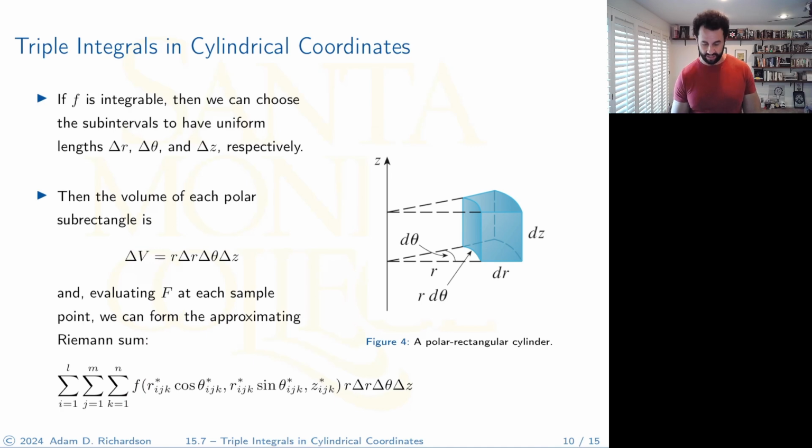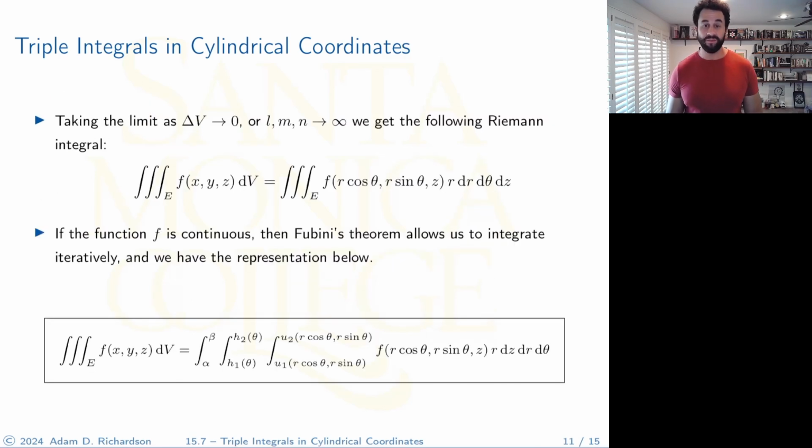So we're evaluating little f at this point, and then multiplying by that volume, r delta theta, delta z. Now take the limit as delta V goes to 0, or equivalently as L, M, and N go to infinity, and then you get the following triple Riemann integral.